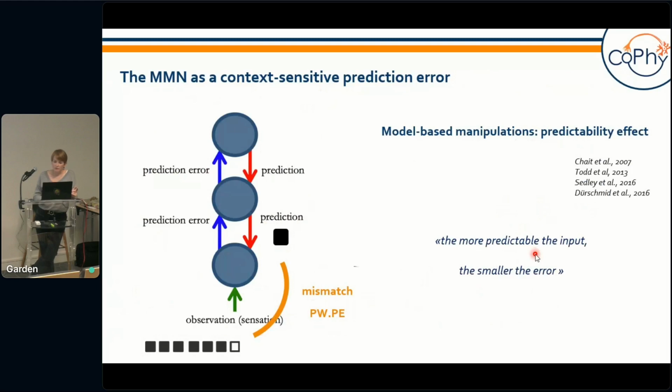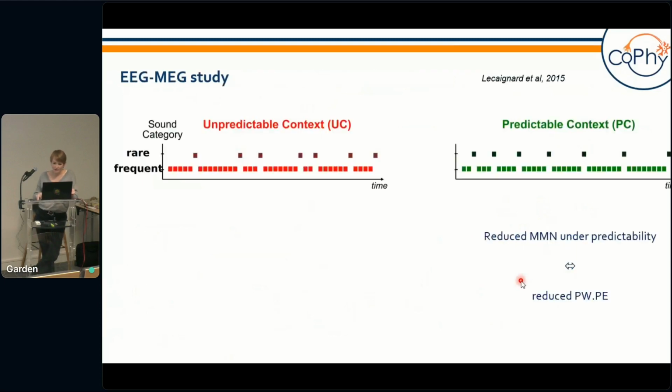The more predictable the input, the smaller the error. So we tested this hypothesis with Jeremy. We considered a typical oddball sequence as usual, and we contrasted it with a predictable context where the deviant occurs regularly.